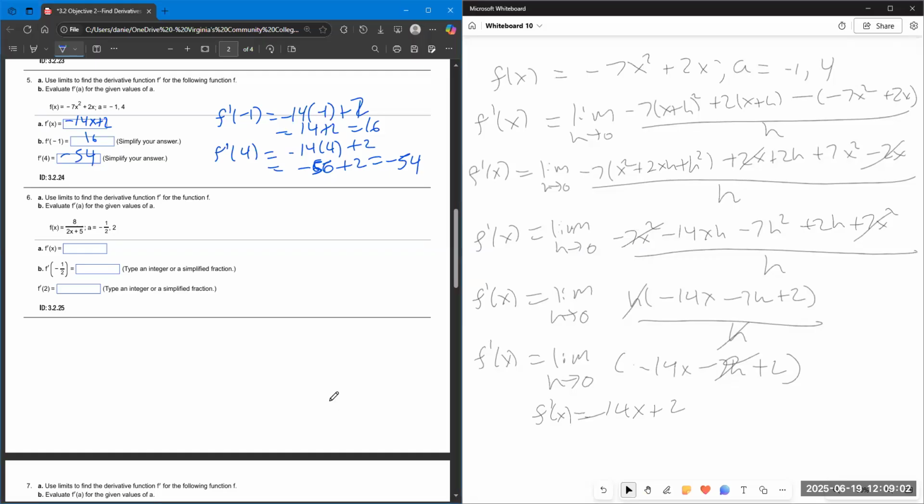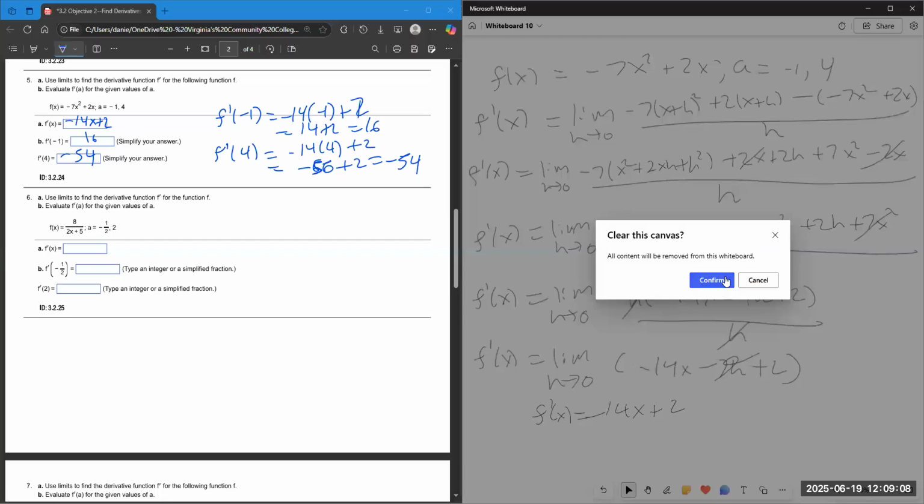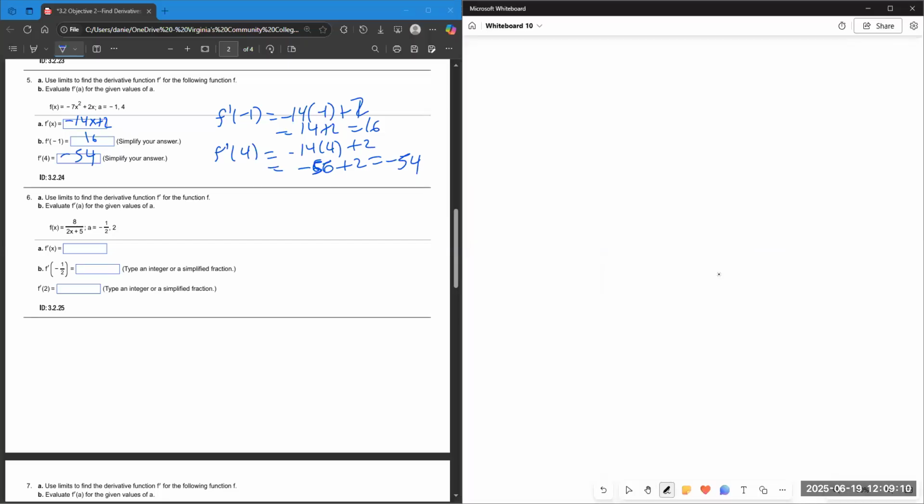All right, let's look at number 6. We've just got a couple problems left here for this video. This one's different because it's got x's in the denominator. 8 over 2x plus 5. a is a negative 1/2 and 2.